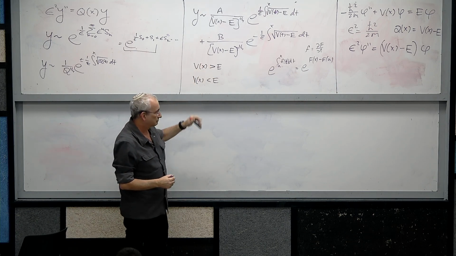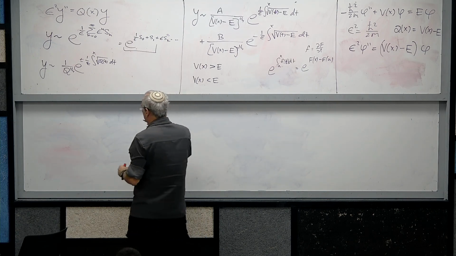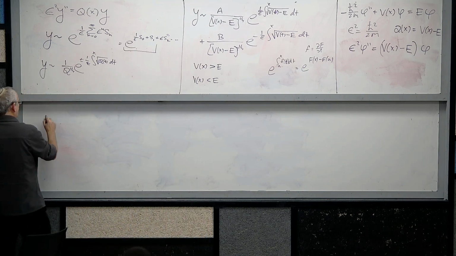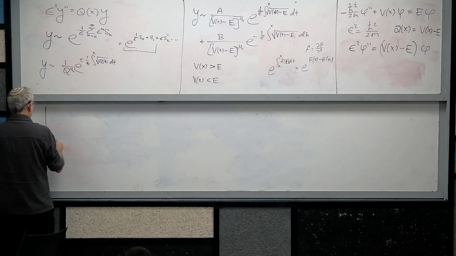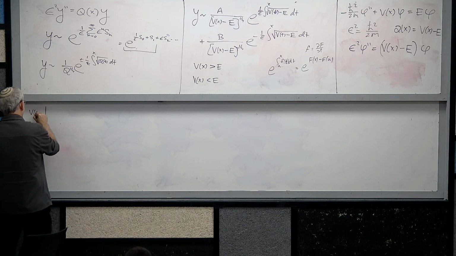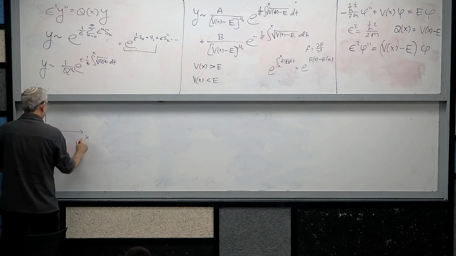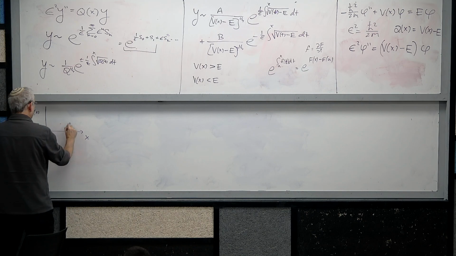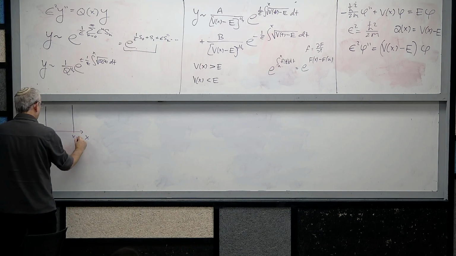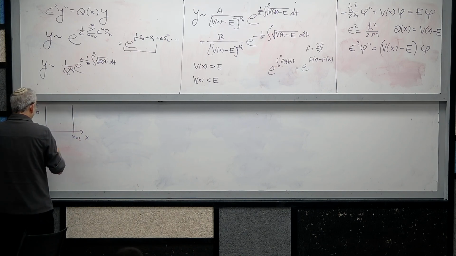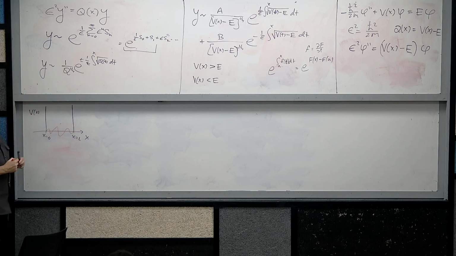Yes, okay, very good. So to begin with, let's deal with the following question. I have V of x, and this is x. This is x equals 0, and this is x equals L. And here I have whatever potential you like. The red is the potential.